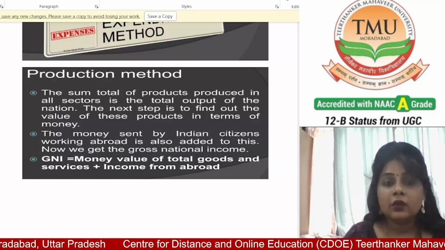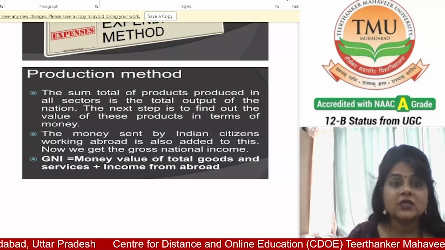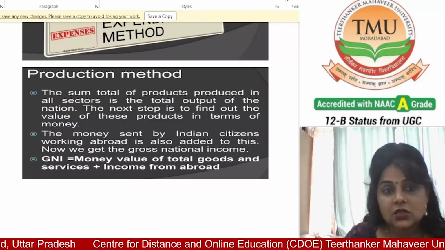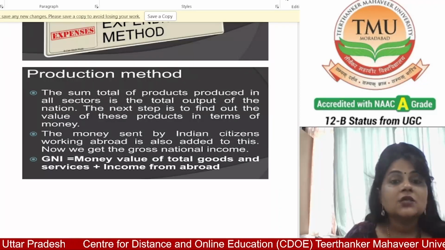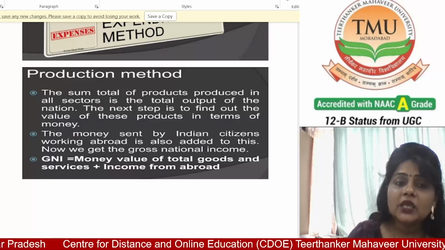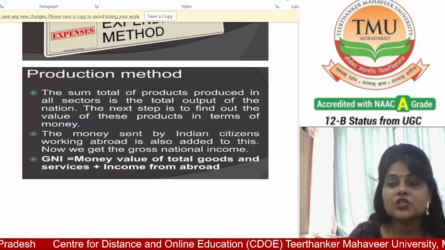The value added method and production method is used to calculate national income at different stages of the production process in a circular flow to represent the value added for each unit produced in the production process.